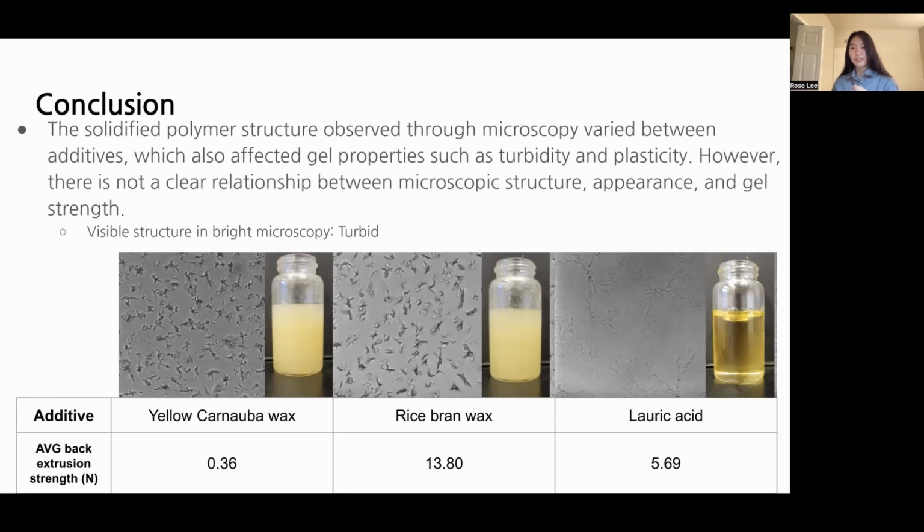And although lauric acid is really clear like the control oleogel, it still increased its strength more than the carnauba wax. So it's hard to tell what kind of connection is in between the structure and the gel strength from these results.